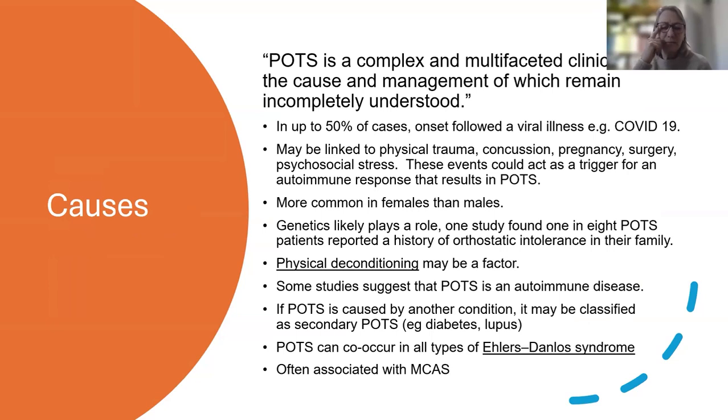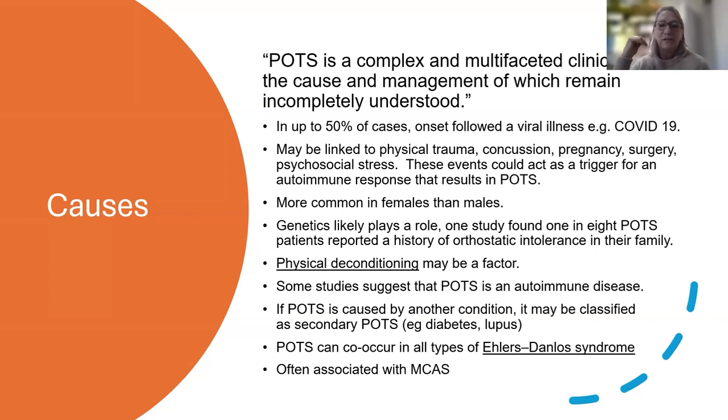So what are the causes of POTS or orthostatic intolerance? Well, the cause and management remain not completely understood, basically, is the short answer. But they have noticed that in up to 50% of cases, the onset followed a viral illness, very commonly post-COVID.